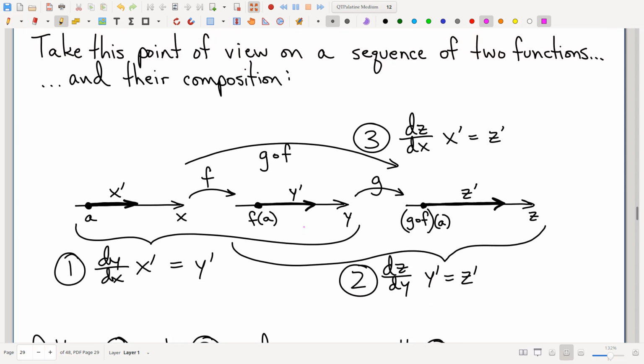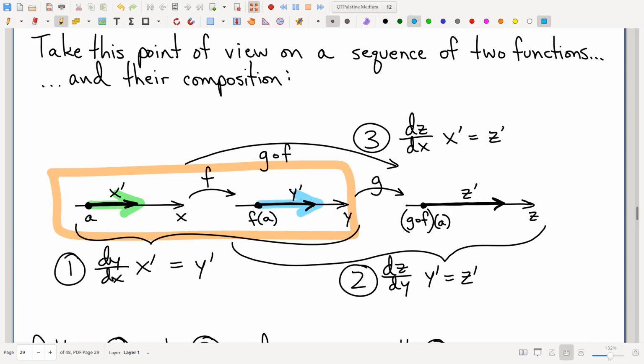Okay, so that's the point of view I want to use to take my narrow, careful look at the chain rule. Suppose we have a composition of two functions. We'll start off by looking at how f takes an x velocity and turns it into a y velocity, or I should say df turns the input velocity of f into the output velocity of f.